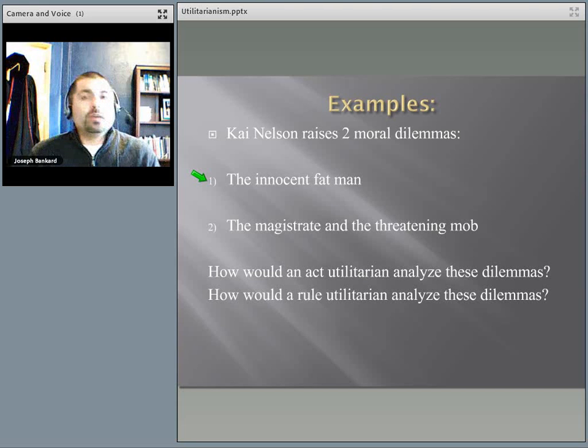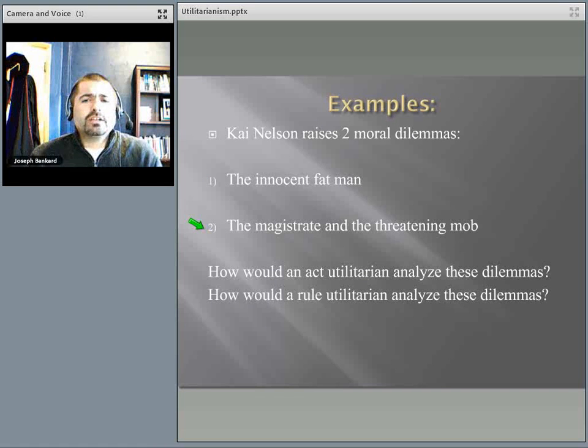If we will that everyone kill 1 to save 9, would that rule maximize happiness overall, right? And the answer, I think, is yes. The rule utilitarian says, anytime your choice is kill 1 or kill 9, you always kill the 1, right? That can be a rule.